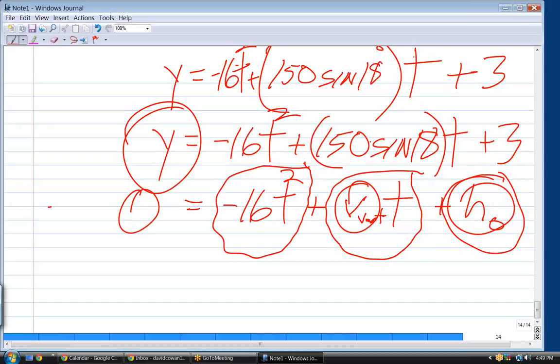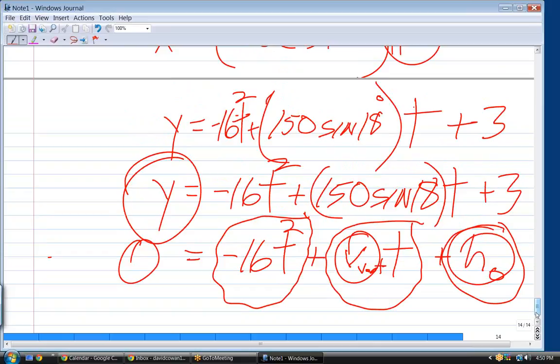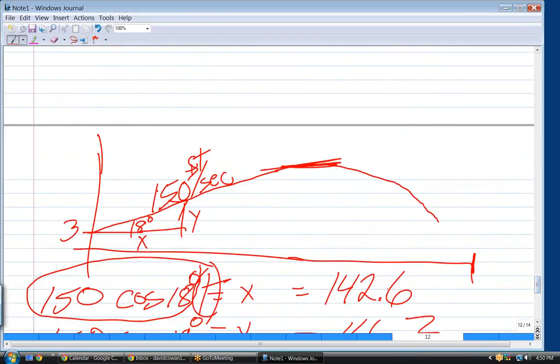It's minus b over 2a. So I find the vertex of that parabola, and once I find the t at the vertex, I can go back and substitute it. Then I'll know at what time it hits, and I can plug it in and come up with the actual height. Maybe it gets up to 310 feet in the air. Those are the kind of questions you're going to be asked. Basic ones like that.